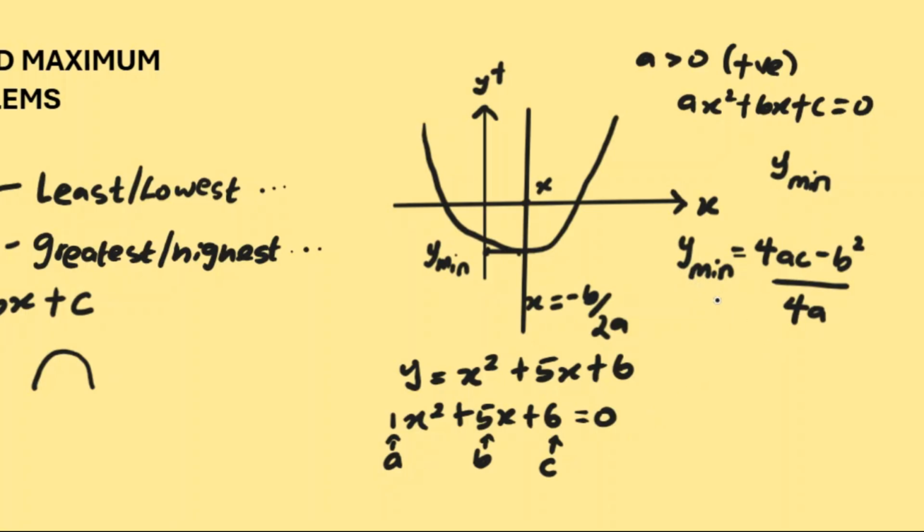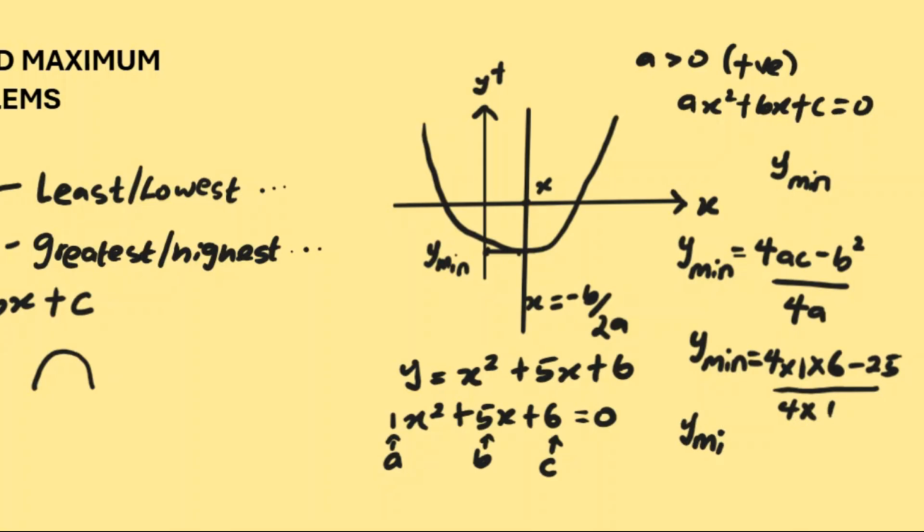If we introduce it into this formula, we get y minimum to be equivalent to 4 times our a, which is 1, times our c, which is 6, minus b squared, 5 raised to power 2, which gives us 25, everything divided by 4 times our a, which is 1.